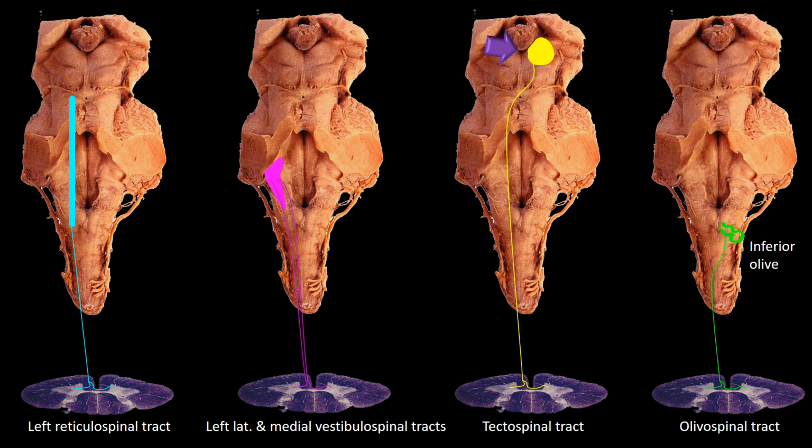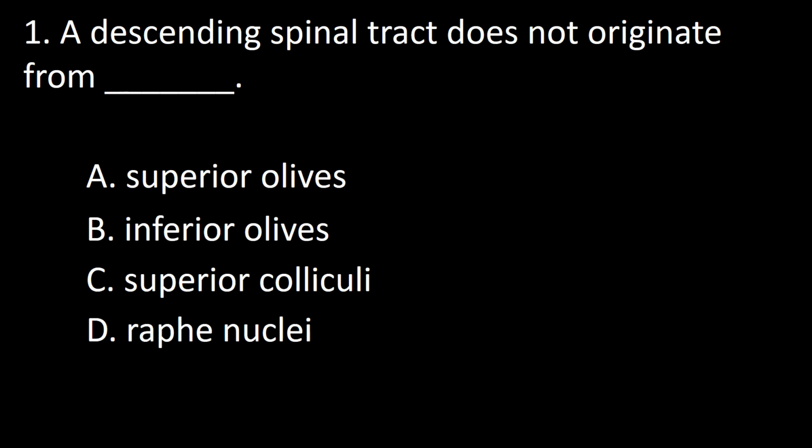Here, the tectospinal tract arising from the contralateral superior colliculus and crossing in the brainstem. The last tract in this frame is the olivospinal tract, which also appears to cross soon after its formation. So the answer to this question is A.